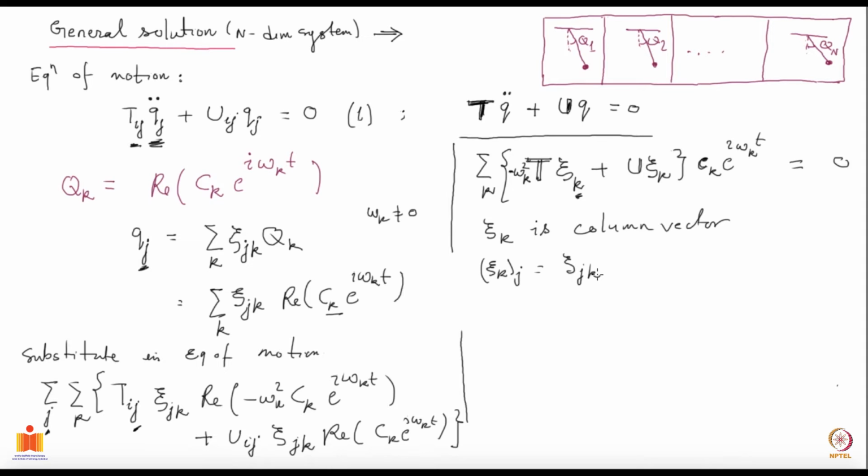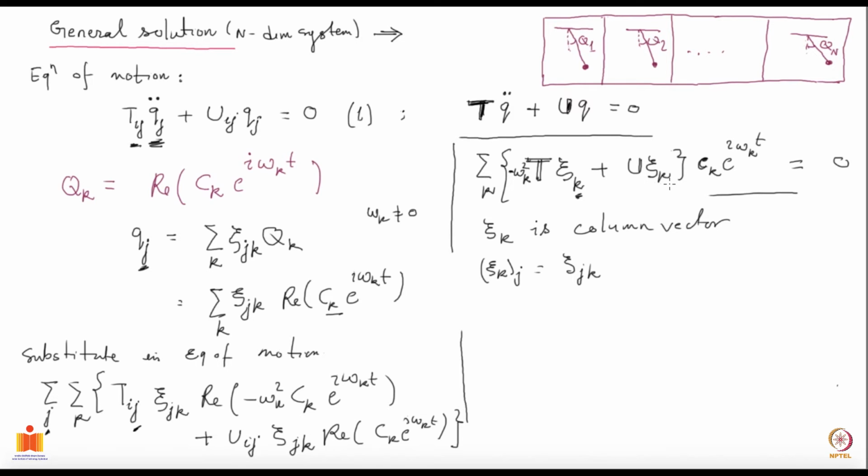Now if you see this expression, we have a sum over k, and on the right hand side you have 0, and each term corresponding to each k comes with a coefficient ck, which you control, and everything in these curly brackets is not controlled by you.